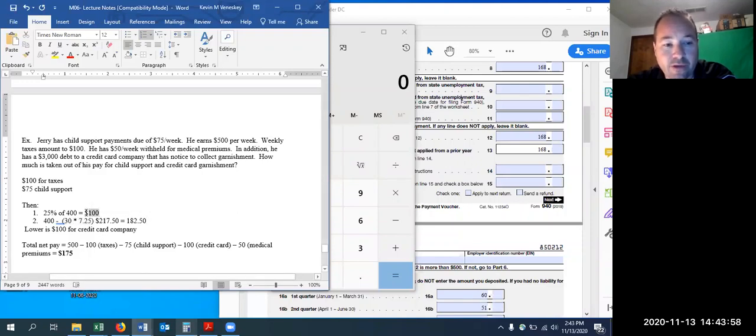So the credit card company can take out an extra 100 bucks out of your pay. So his total pay, well, really he has to take out 100 for taxes, that's for everybody, so you'd be at 400. So instead of getting 400, he's minus the 75, minus the 100. He's down to only $175 coming to him after the garnishments and all the other withholdings.